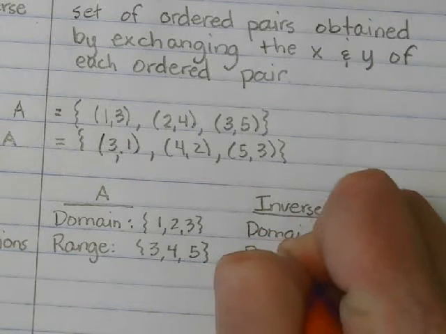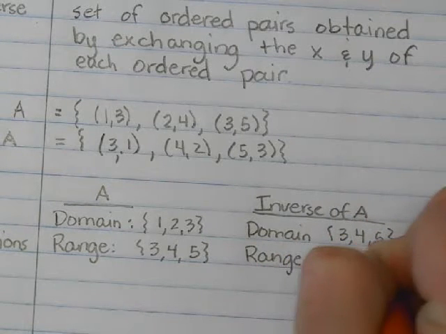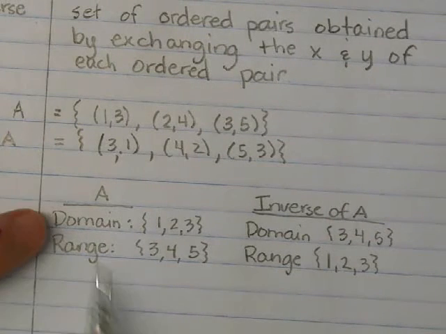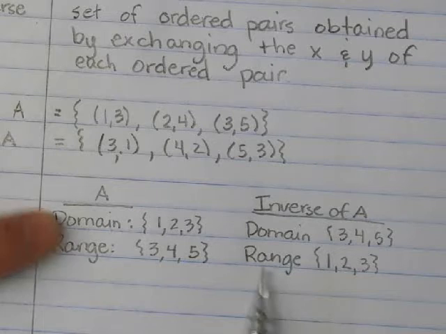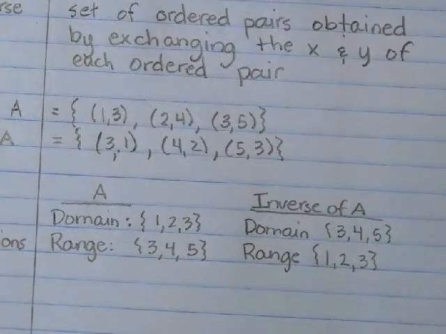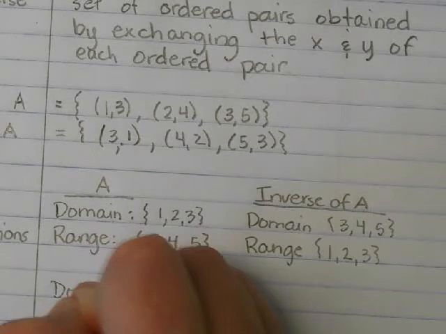And the range, 1, 2, 3. Okay, so notice what happens, that the domain of A is the range of the inverse. The range of A is the domain of the inverse. So they just switch.